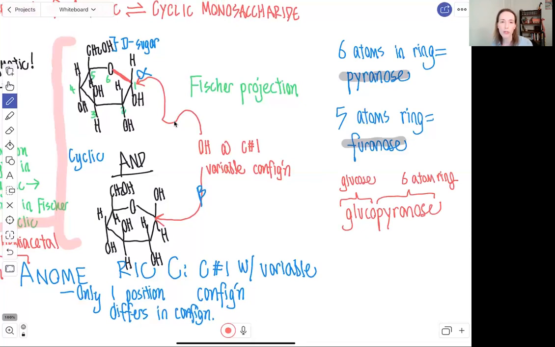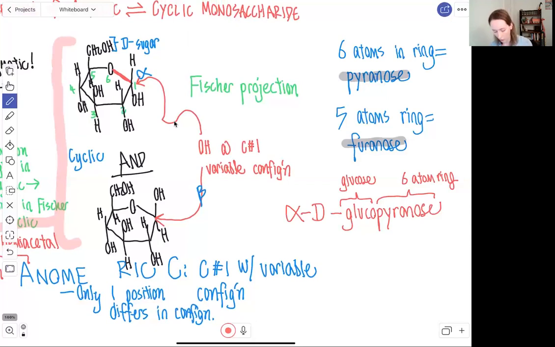And then other terms that we can plug in there to further emphasize the structure is we plug in the term D to indicate that this is the D stereochemistry sugar. And then finally, alpha or beta to indicate the configuration of that anomeric carbon, the carbon that is part of the hemiacetal group, in other words, or another way of describing it, carbon number 1.